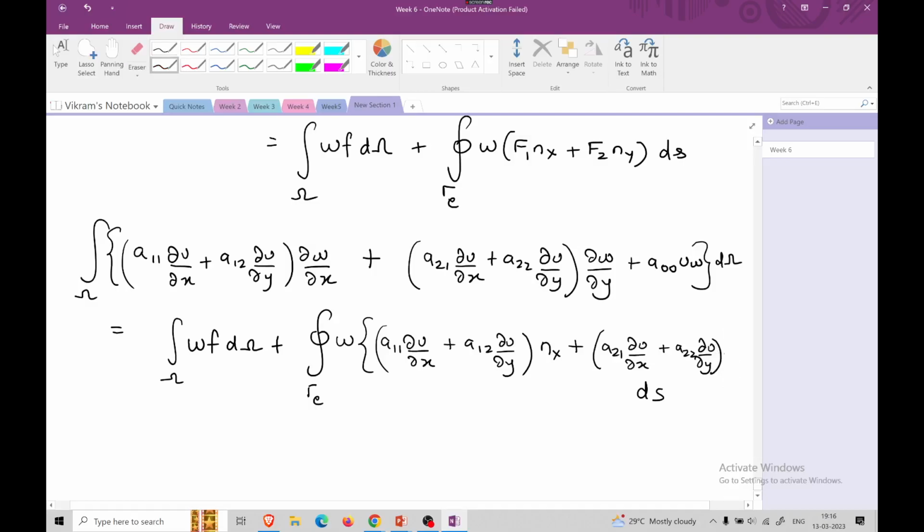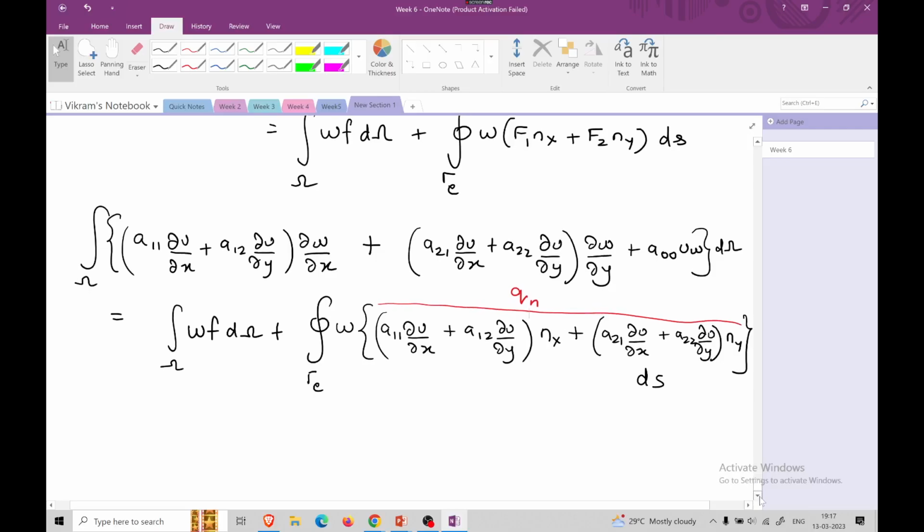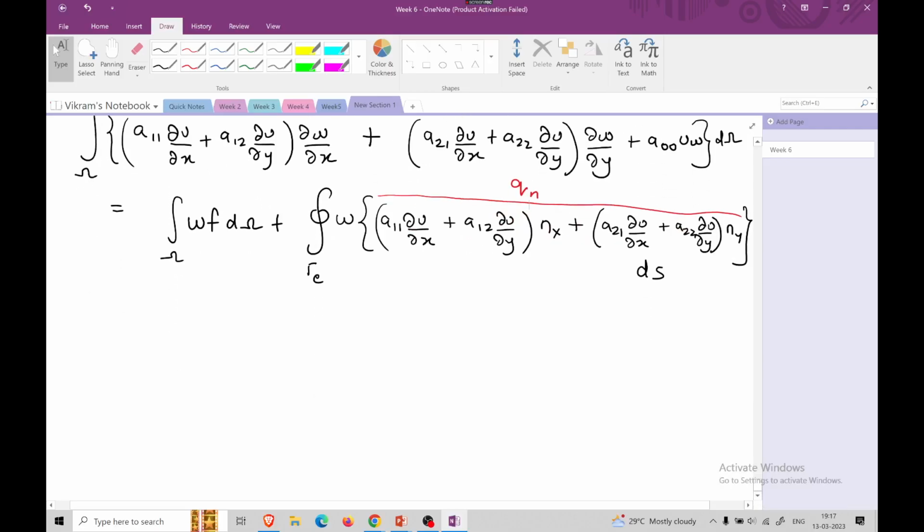Should be ny. So this whole term, I will represent it as qn for the sake of simplicity. So this qn represents the boundary term.